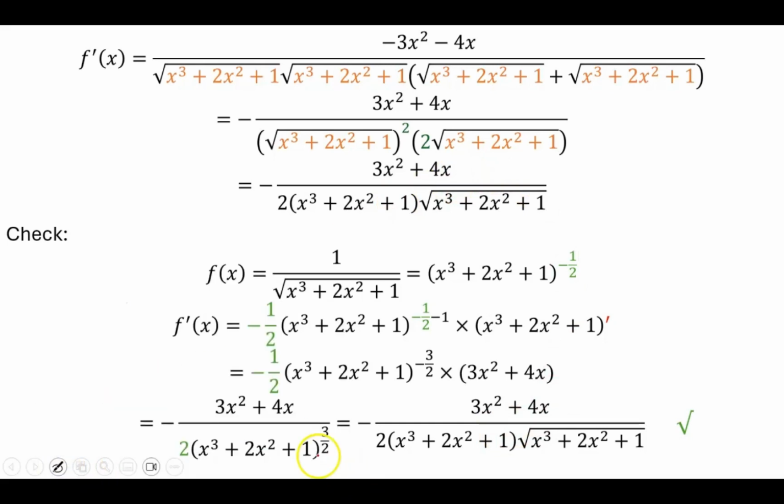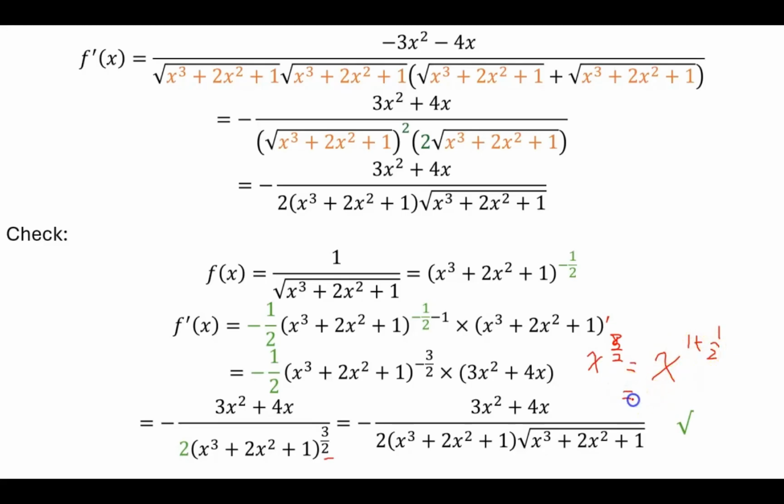As for why this last step is true, whenever you have x to the power of 3/2, you can write it as x to the power of 1 plus 1/2. As you know, 1 plus 1/2 is 3/2. And then you just use your index law to separate this.